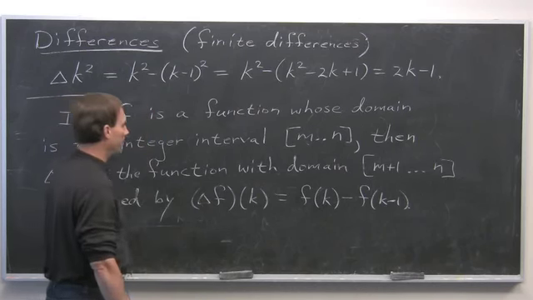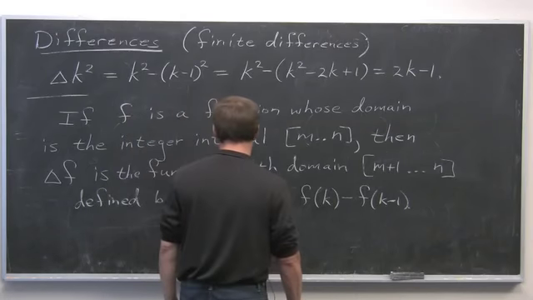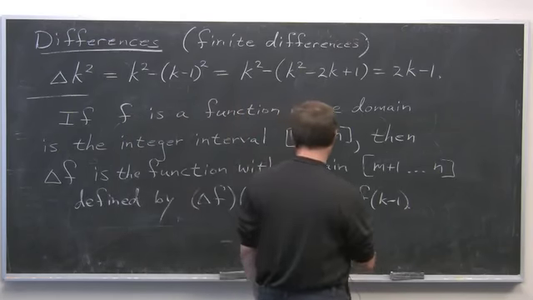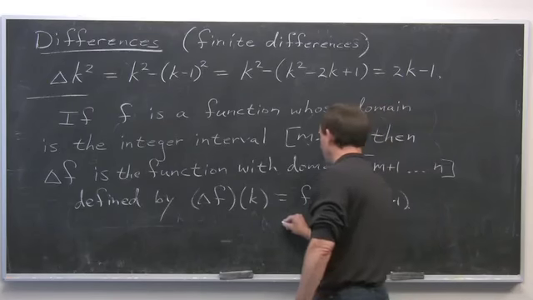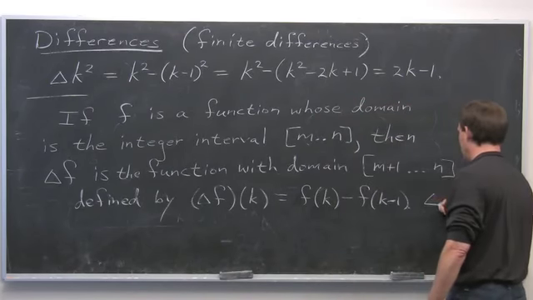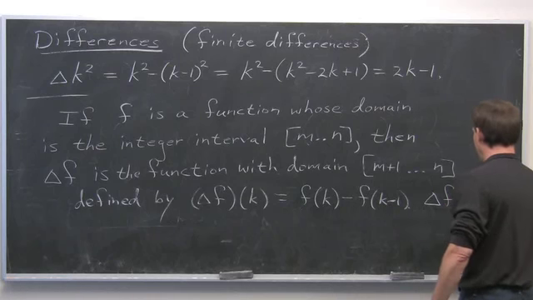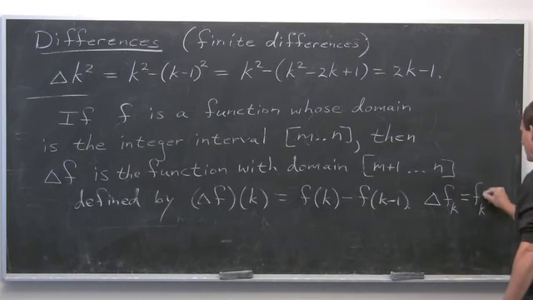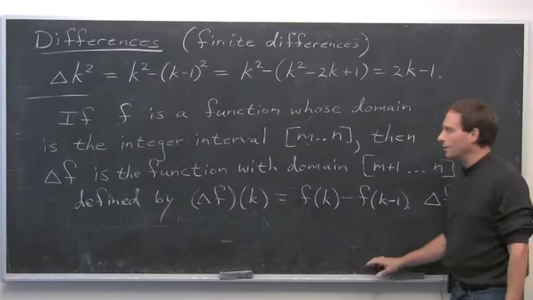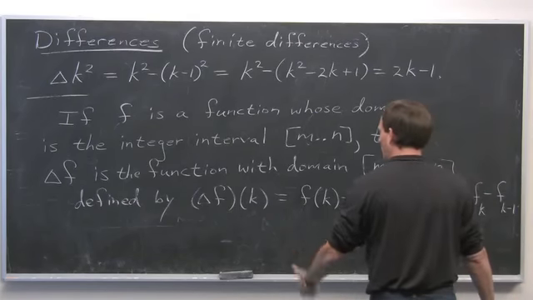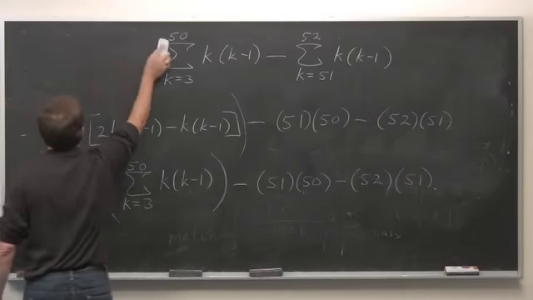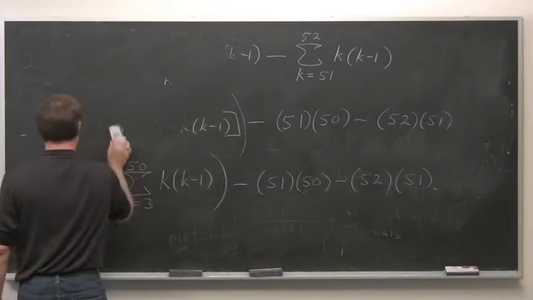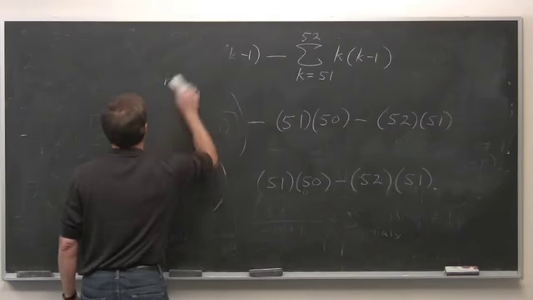And it's also still kind of standard to subscript by the variable, so that instead of writing f of k, just like with summations, we might write delta f sub k, and then that's f sub k minus f sub k minus 1. It's just notational. It's just standard or common when dealing with integer indices that you subscript by them.